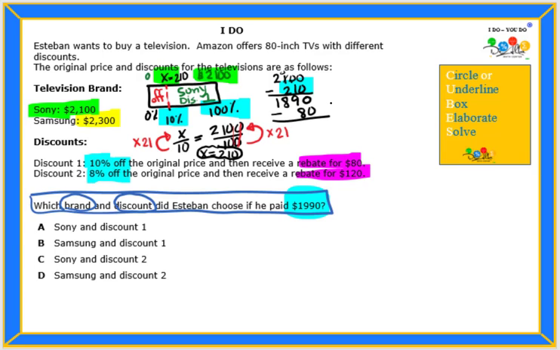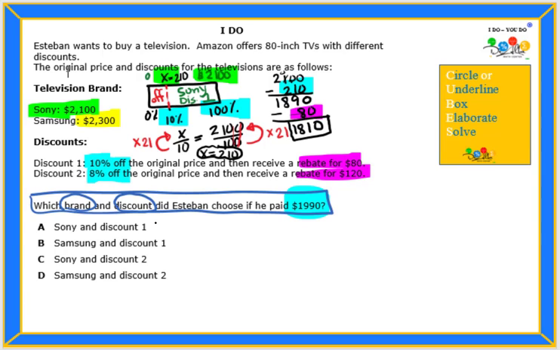Those $80 are coming from the rebate. So 0, 9 minus 8 is 1, 8 minus nothing, 1 minus nothing. We're cutting it very close right there, but we can see $1,810 would be our Sony at discount 1.